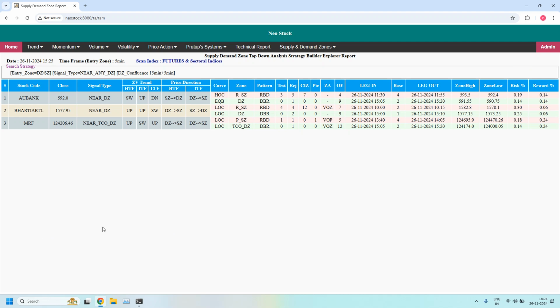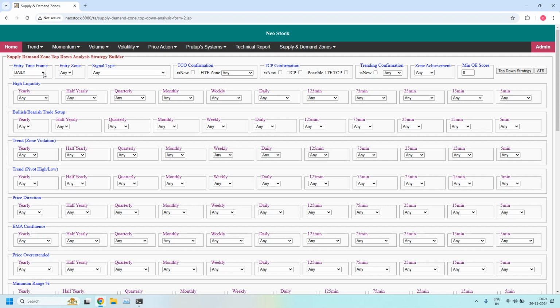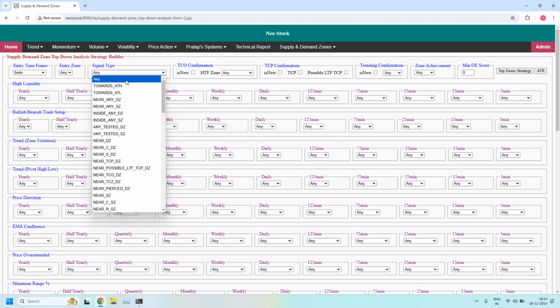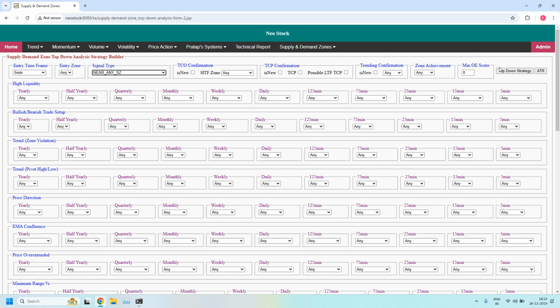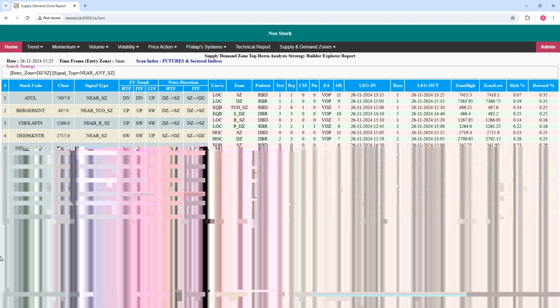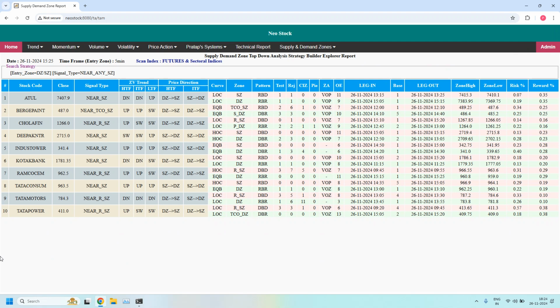So next, five minutes time frame, stocks near 5 minutes supply zone, we got 10 stocks. Out of these 10, how many of these supply zones are having ITF supply zone confluence?